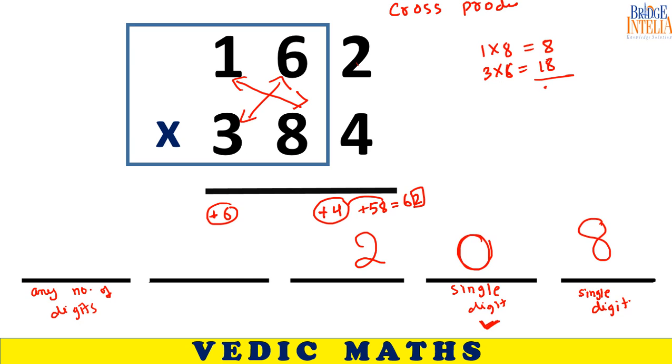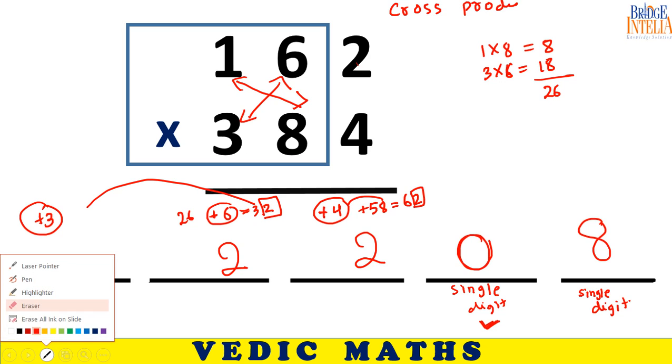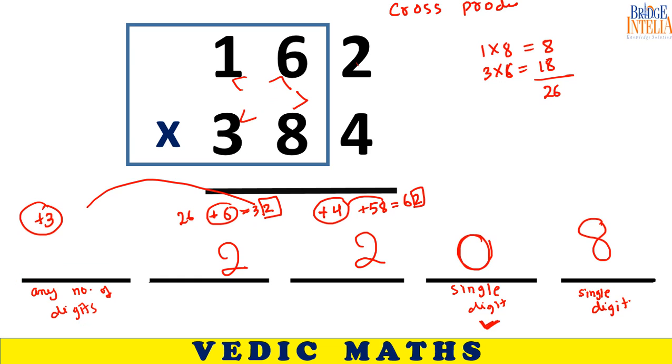So 8 plus 18 is 26 and this 6 is already there. So 26 plus 6 is 32. But we can write only one single digit. So write 2 here and transfer the remaining 3 forward. Now we have found out the cross connection product. So it's time to move the box forward.